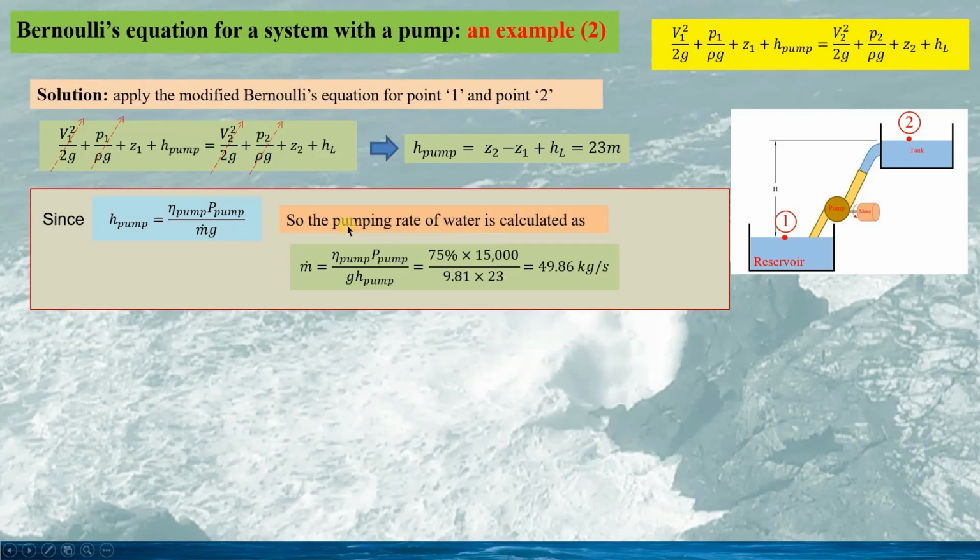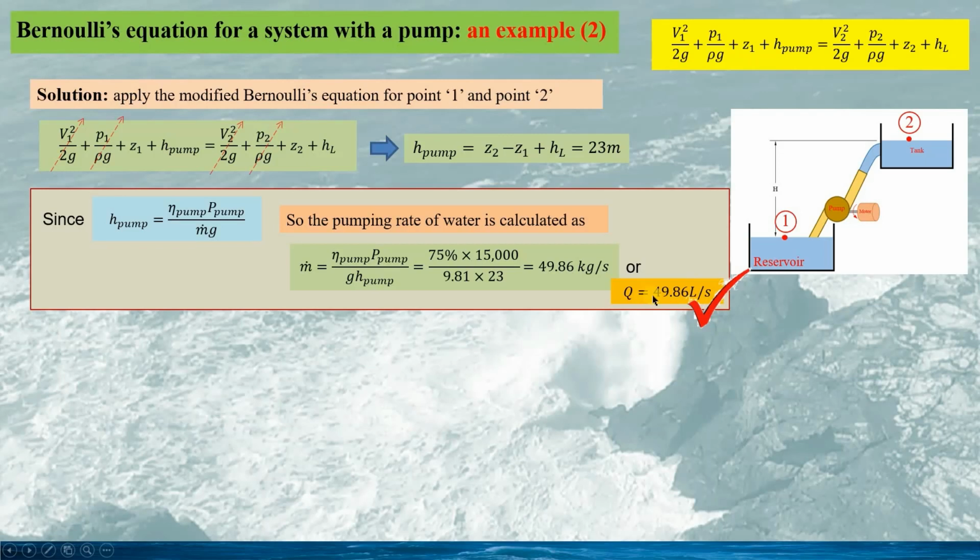So based on this, we can calculate the pumping mass rate, m dot, given by this. So we have the answer, about 50 kilograms per second.